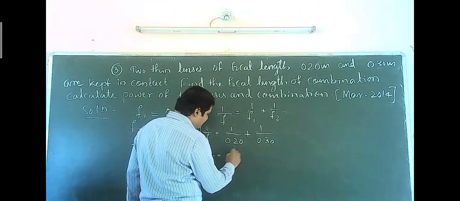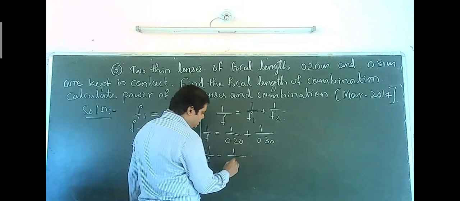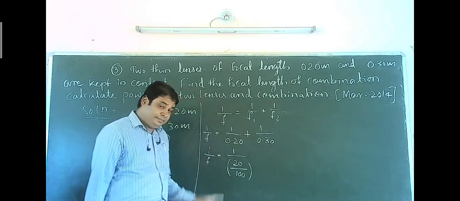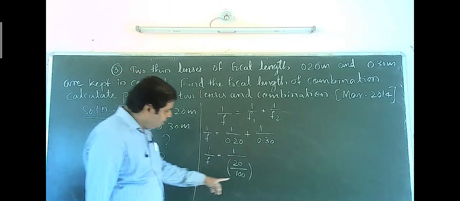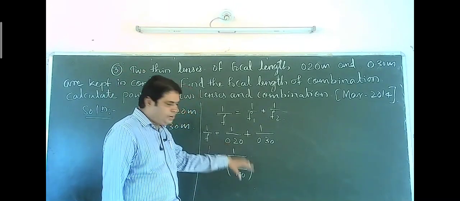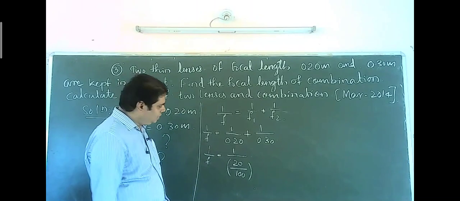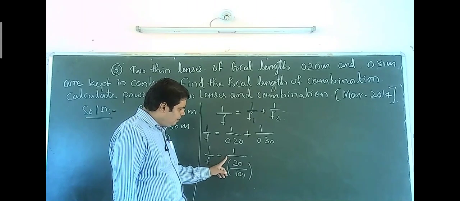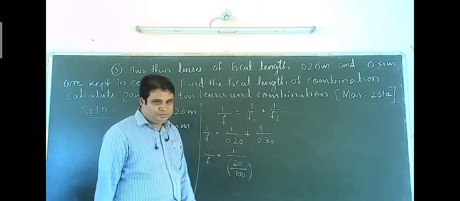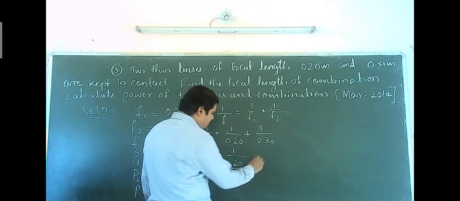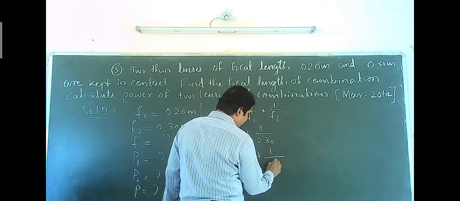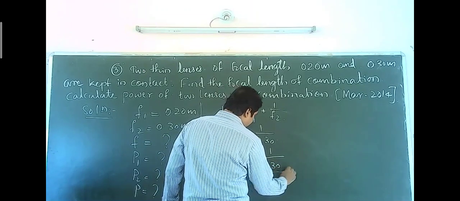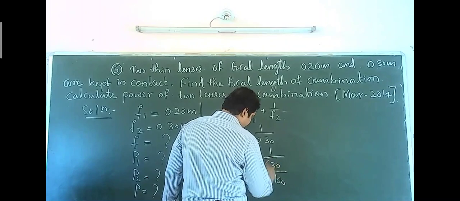1 by f is equal to 1 divided by, let me write 0.20 as 20 by 100. Right? We can write like this. Or 1 divided by 30 divided by 100.